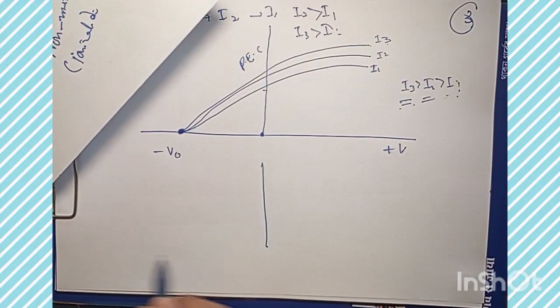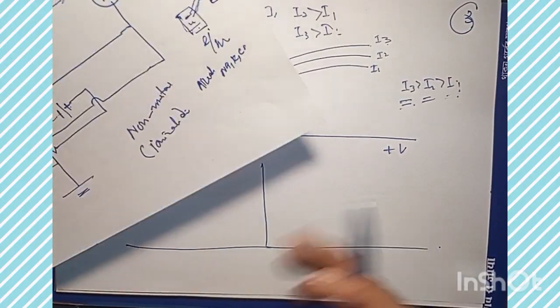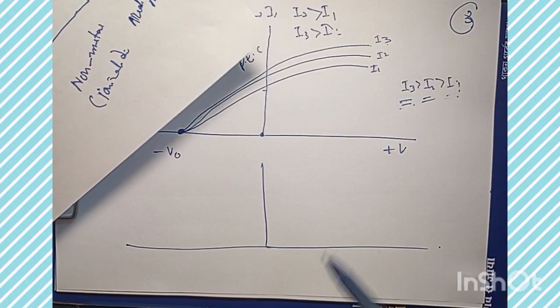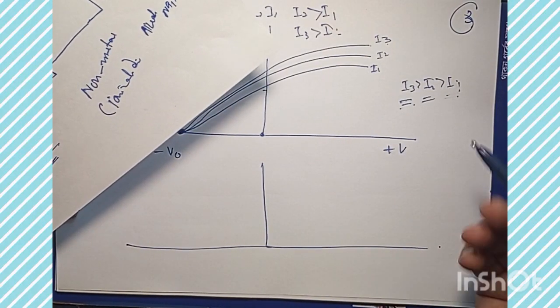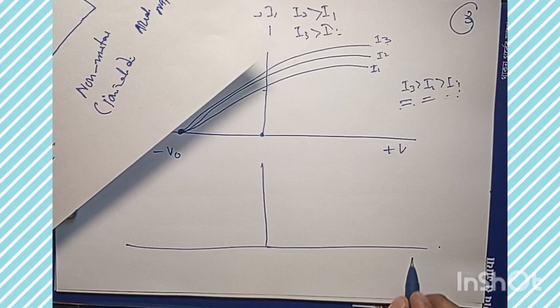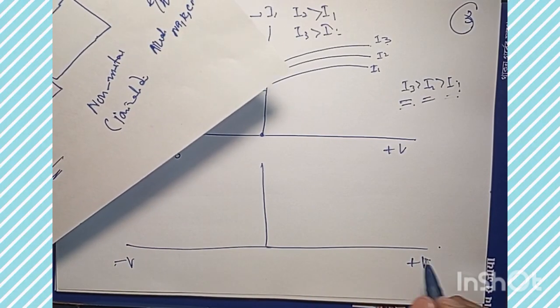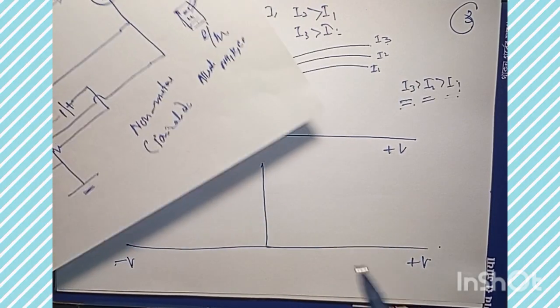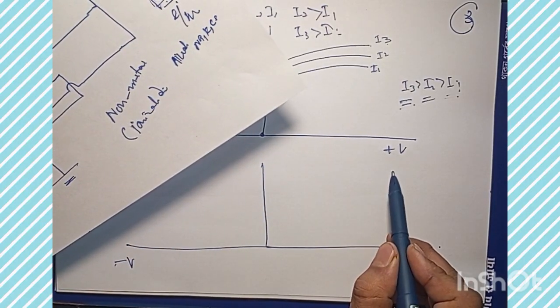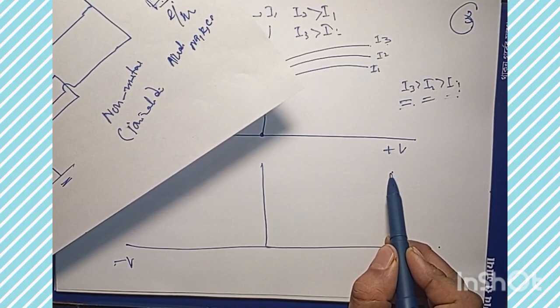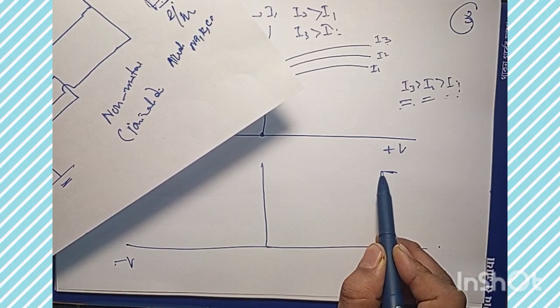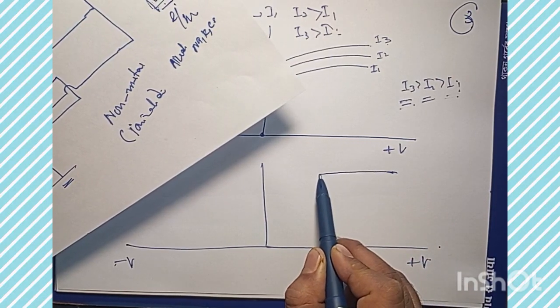So if I perform this experiment and use three different frequencies, and this is my accelerating potential, this is my retarding potential, I start from the same saturation in all the cases.